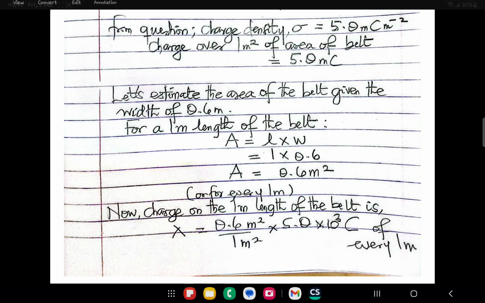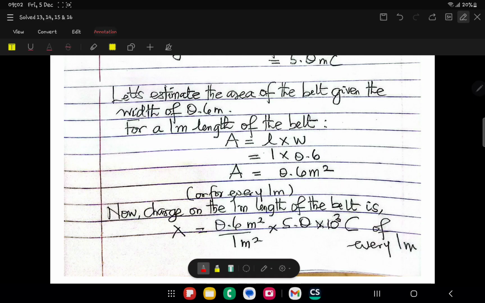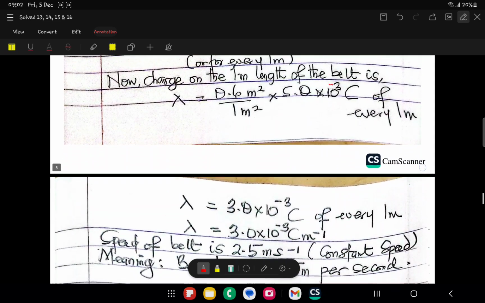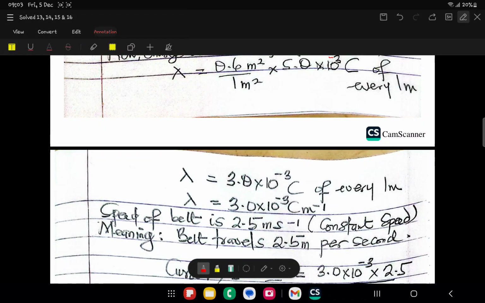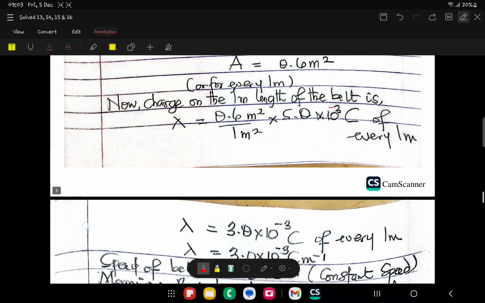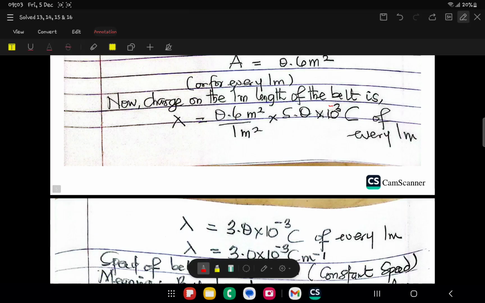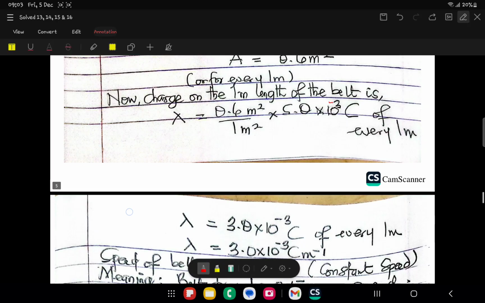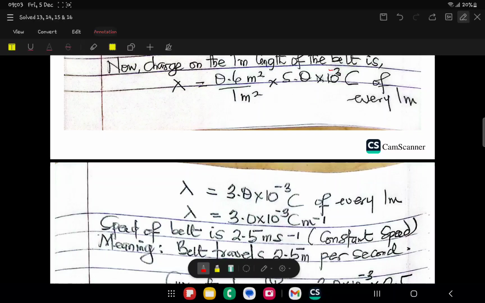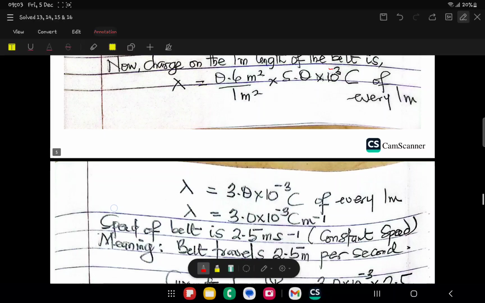Mind you, it is 10 to the power minus 3 coulomb because it is milli. When we simplify this, we get 3.0 times 10 to the power minus 3 coulomb per meter, or lambda, which stands for the charge on a particular length of a conductor or a material.